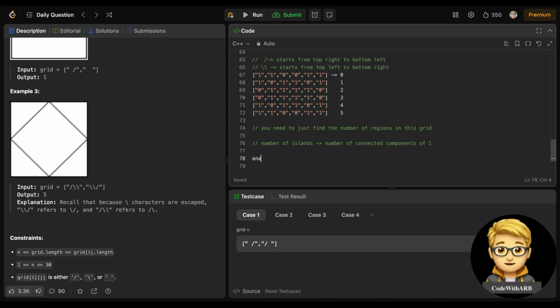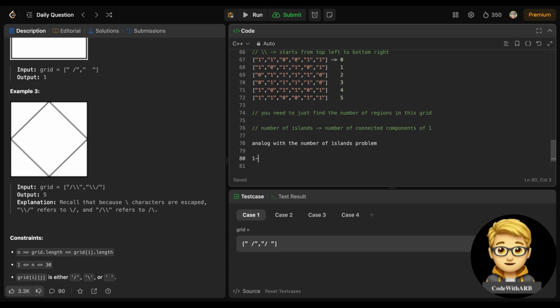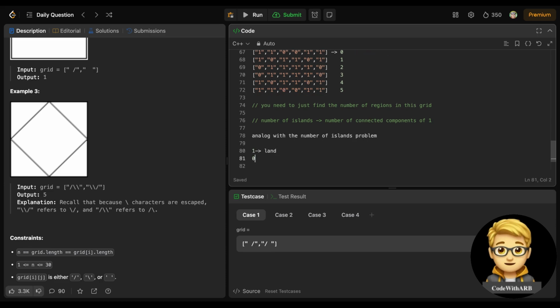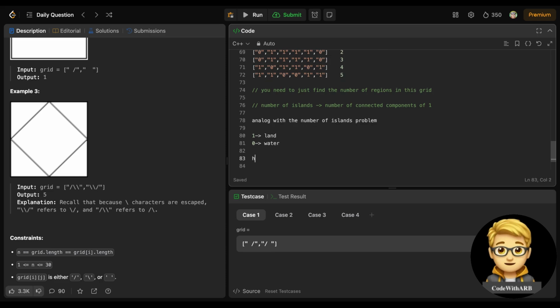So I will draw an analogy with the number of islands problem. Basically 1 is representing land here, and 0 is representing water. So we need to find the number of islands surrounded by water, right?